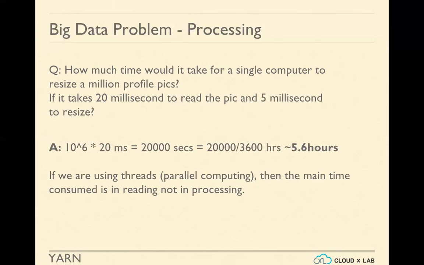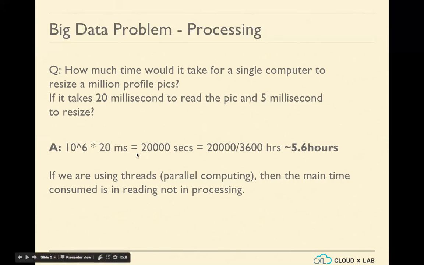Asim is asking, did we miss something? If it takes 20 milliseconds to read the pic and 5 milliseconds to resize, it'll be 10 to the power 6 into 20 milliseconds, which means 20,000 seconds, and that is 5.6 hours, right? 1 million pictures into 20 milliseconds. We're ignoring the remaining 5 milliseconds.